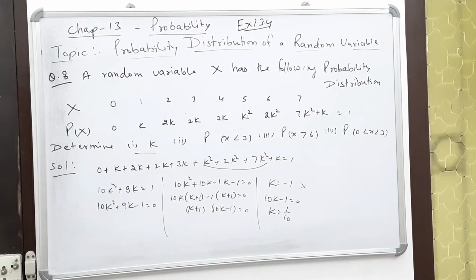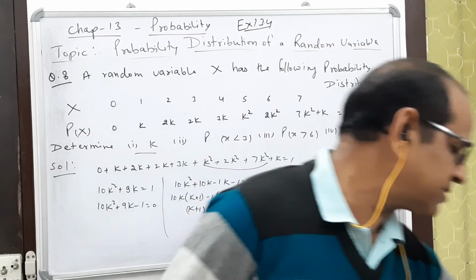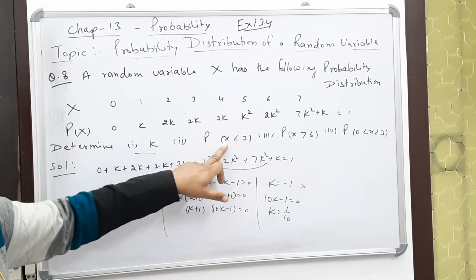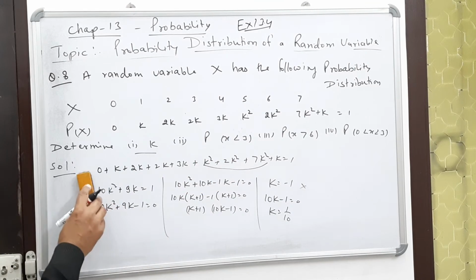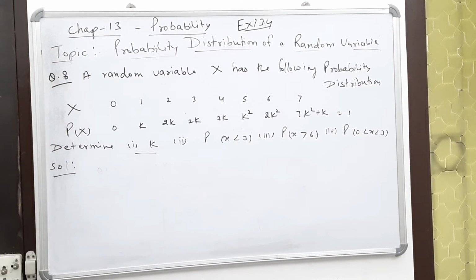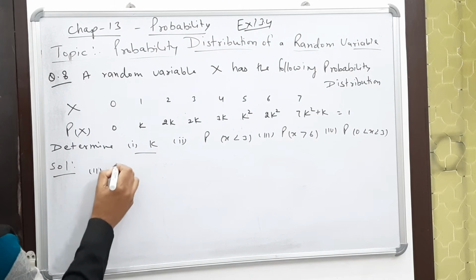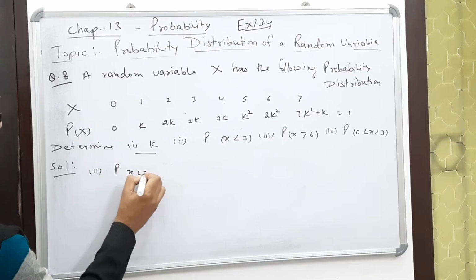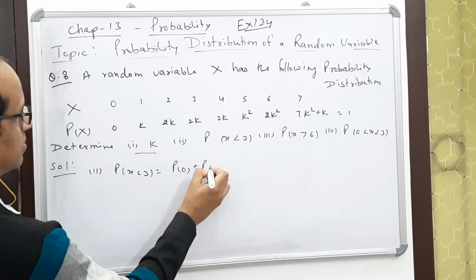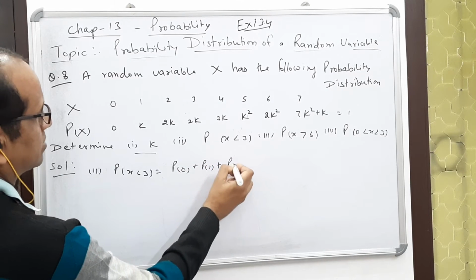Now, the second part. The second part is the probability of X less than 3. Less than 3 means P(0) plus P(1) plus P(2).